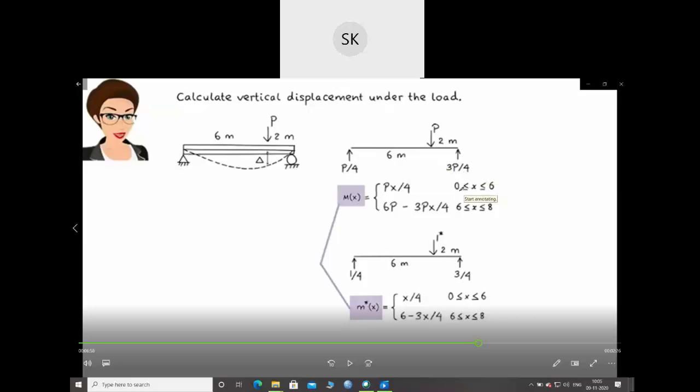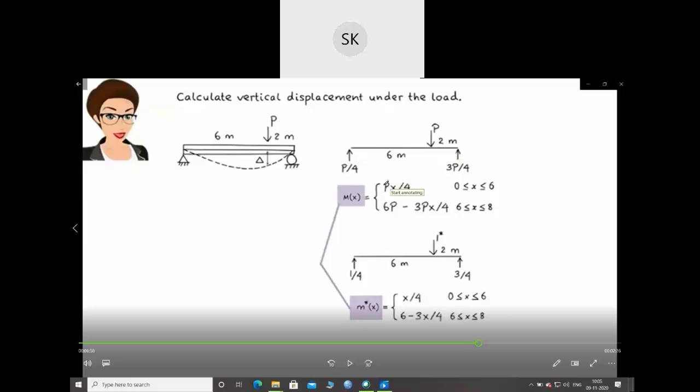From 0 to 6, the whole length was 6 plus 2, 8 meters, right? So for 0 to 6, what is the bending moment equation? Px by 4. And from 6 to 8, that means from this part to this, the bending moment equation is this. This is for the real conditions.